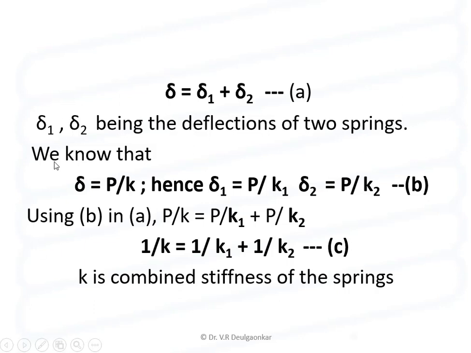Using this in the first equation, we get P by K equals P by K1 plus P by K2. Taking out the load, we find the combined stiffness as 1 upon K equals 1 upon K1 plus 1 upon K2. So this is the stiffness for springs in series.